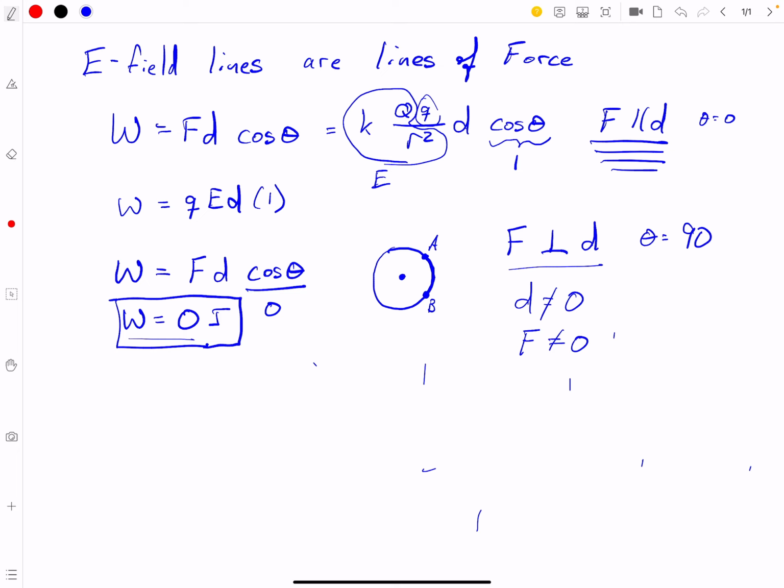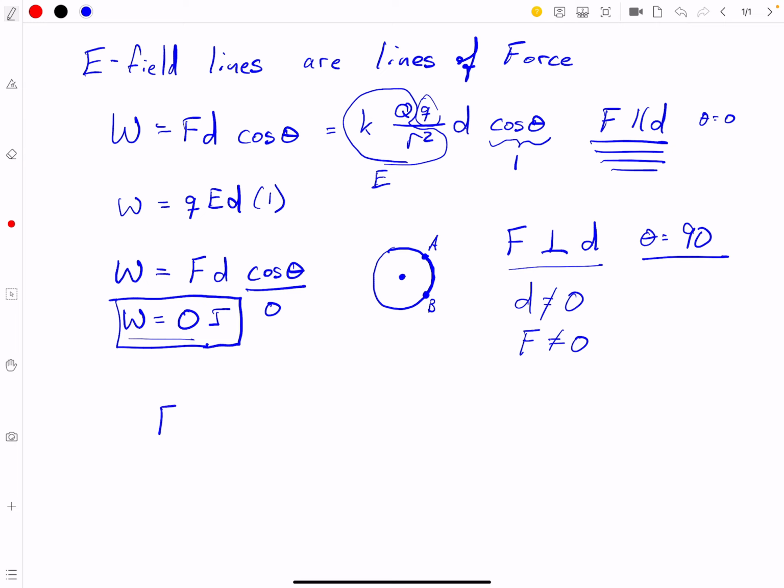So the only thing that can possibly get us 0 in this situation is the fact that the angle between the E field lines and our potential is 90 degrees. So that's the proof of always being perpendicular. Our equipotential lines are always perpendicular to our electric field lines.